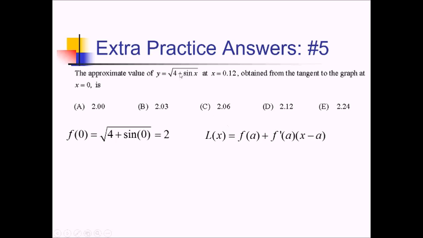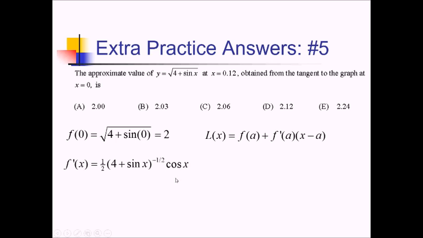So I can think of the original function here as just 4 plus sine of x to the 1/2 power. Derivative of that's going to require the chain rule. That's going to be 1/2 times 4 plus sine of x to the negative 1/2 times the derivative of 4 plus sine of x, which is cosine of x.